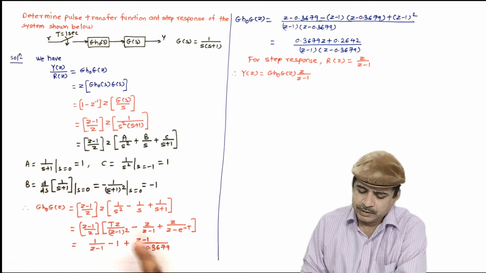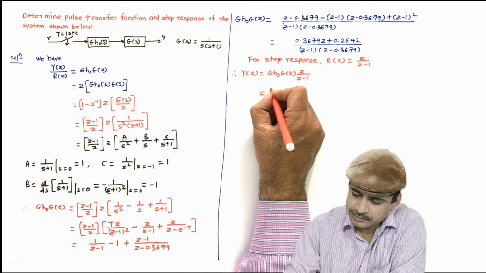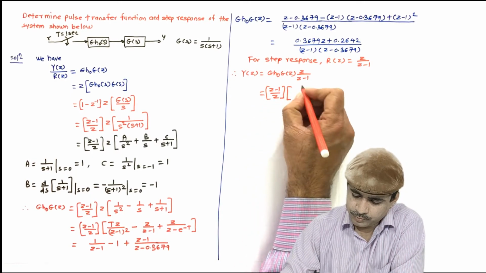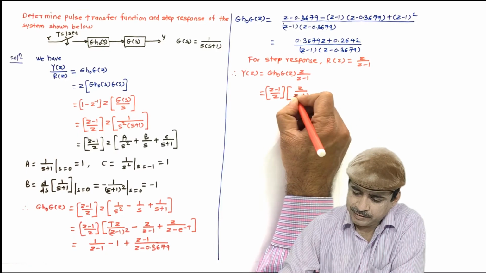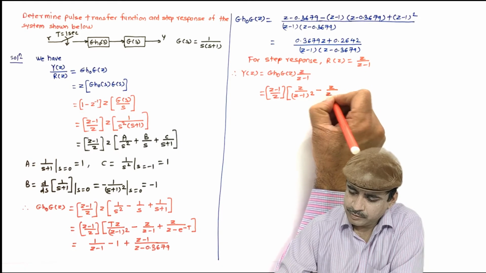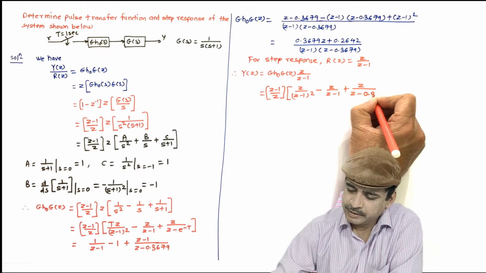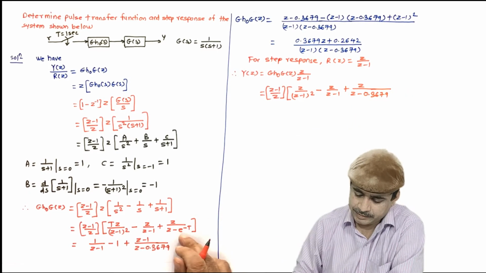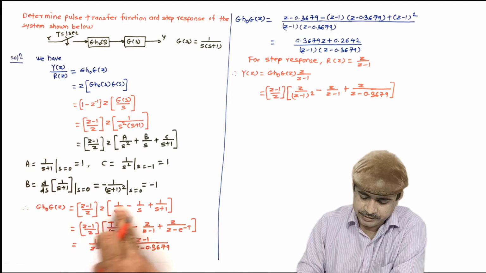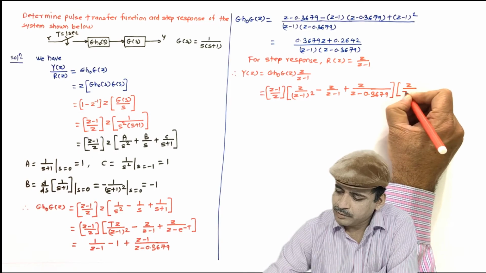And putting the values of T, we get this as z minus 1 by z into z upon z minus 1 square minus z upon z minus 1 plus z upon z minus 0.3679. If I put here T equal to 1, this is GH0 G z into z upon z minus 1.